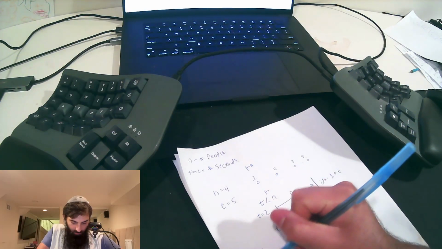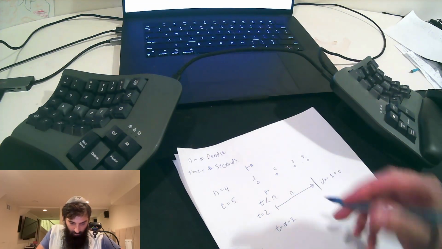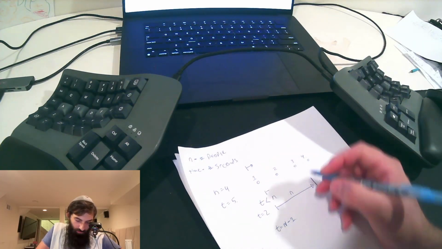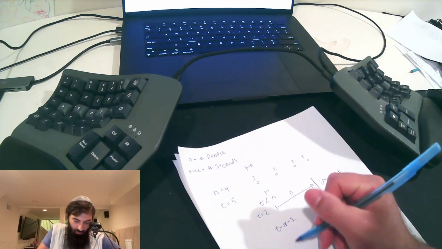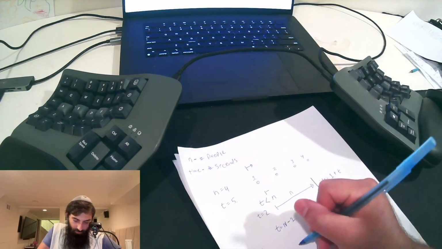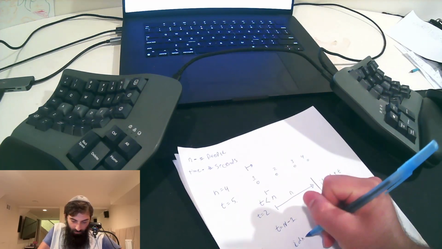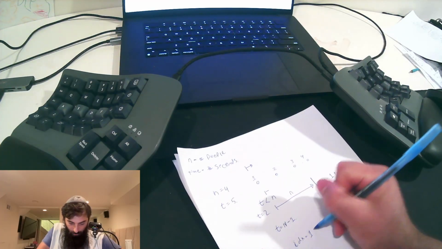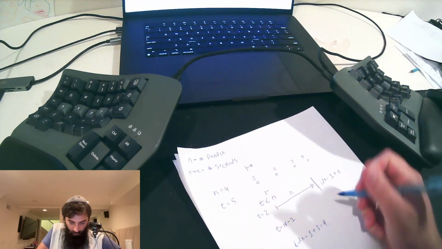So if t is equal to 3, then I go 1, 2, 3, so index is equal to 1 plus 3 equals 4, which works.